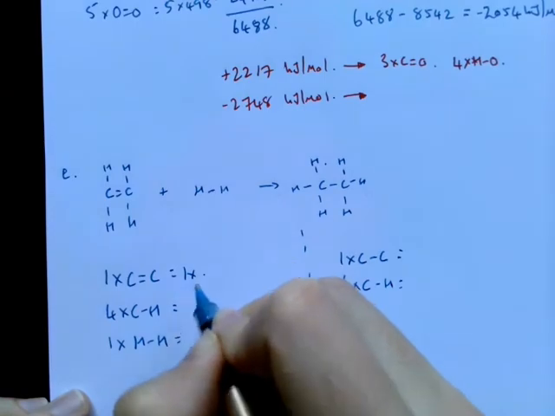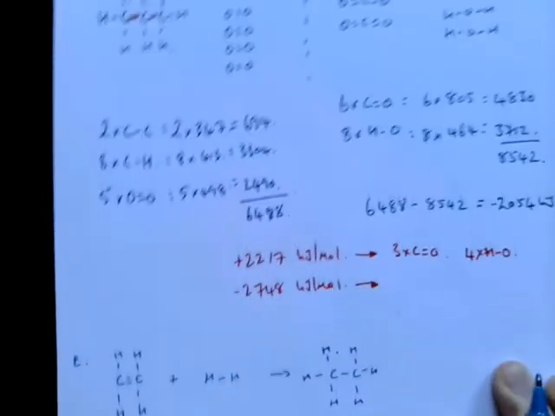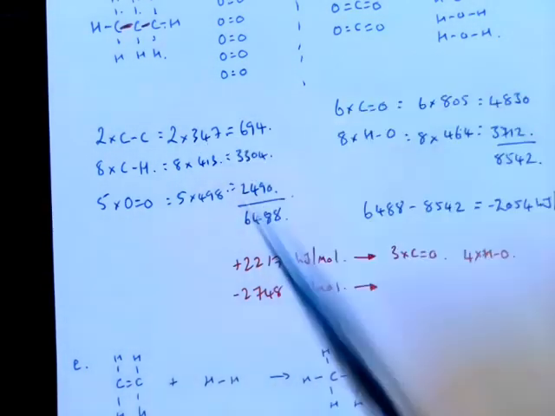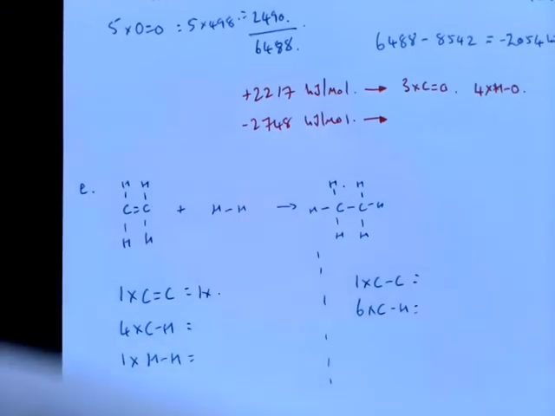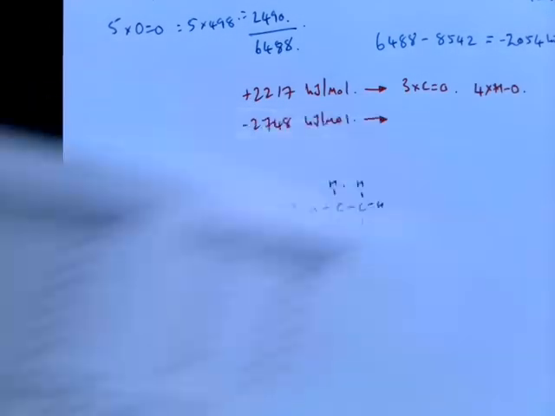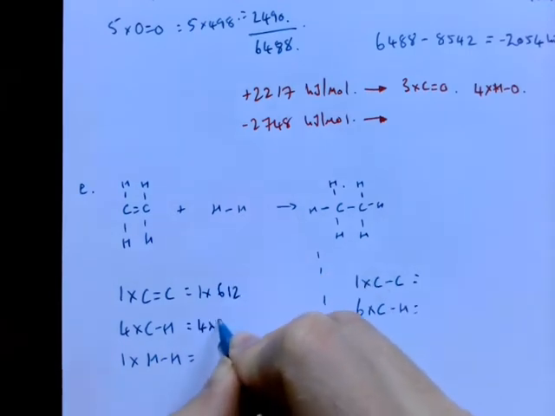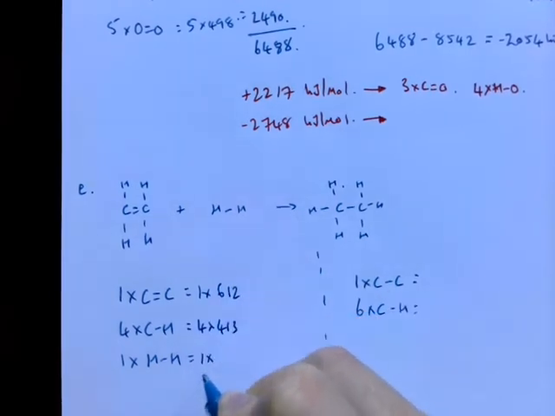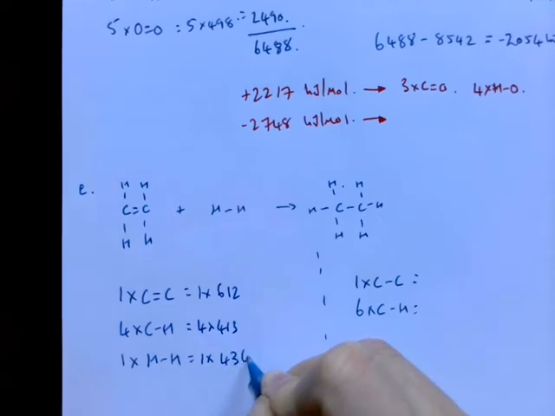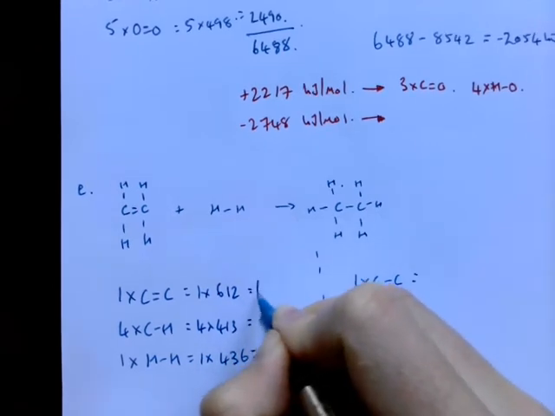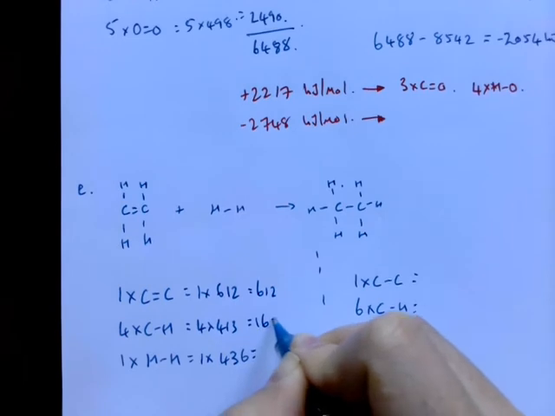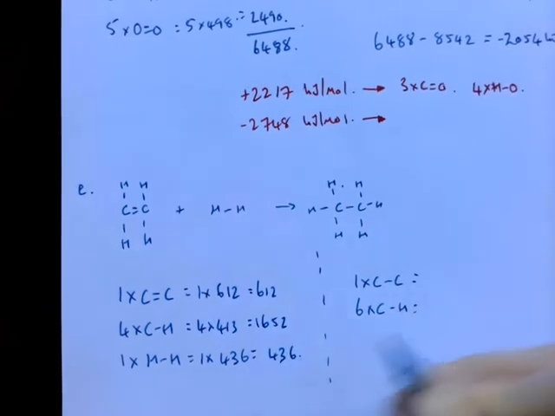So this is my carbon-carbon double bond. Up here I had a carbon-carbon double bond, which is 612. So 1 times 612, 4 times 413, and 1 times 436. So that's 612, that's 1652, that's 436.